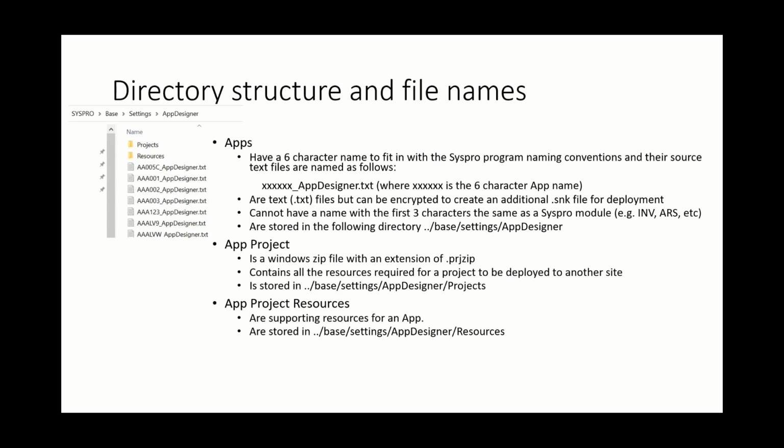This is to make sure that you don't create an application with the same name as a standard Syspro program. All applications, their .txt file and the .snk files, reside in the base settings App Designer folder, which we'll see in a short while is automatically synchronized from the client to the server and from the server to other clients by Syspro in its normal client-server architecture.